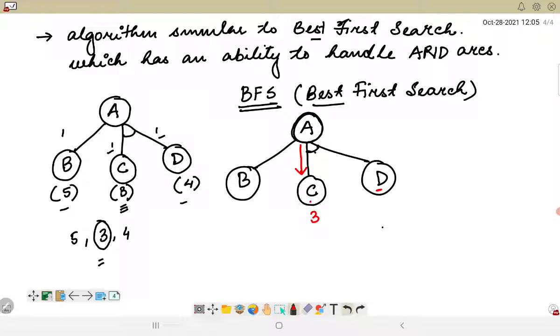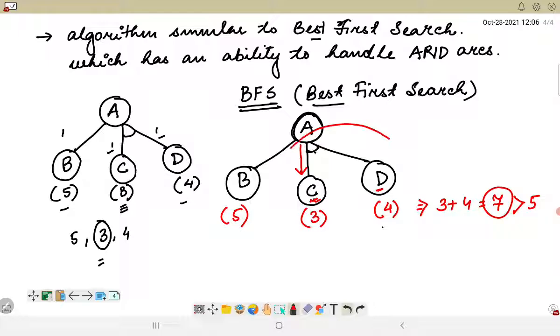Here C might have 3 as the value, but in order to expand this particular goal, we have to solve D as well, right? So when we are solving this particular arc, what is the value that we are getting? 3 plus 4, which is 7, and 7 is actually greater than 5.